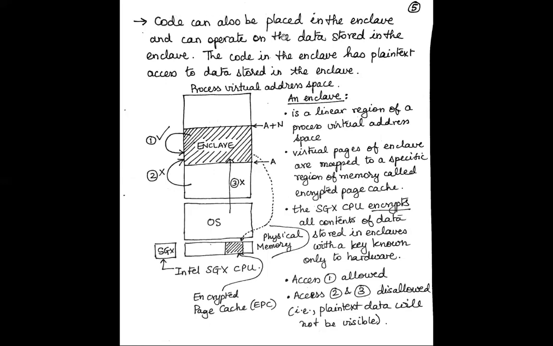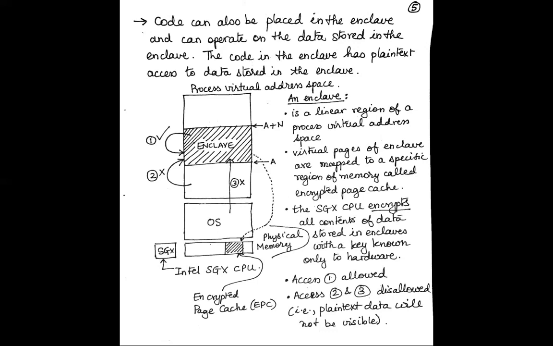Those functions can directly operate on the data stored in the enclave. There is no homomorphic encryption here. Rather, it works by means of hardware, and that is what I'm about to explain. The code in the enclave has plain text access to the data stored in the enclave, so any code sitting in the enclave can see the data in the clear.